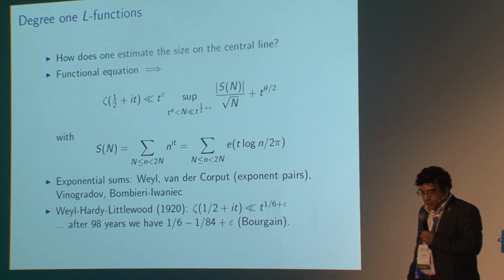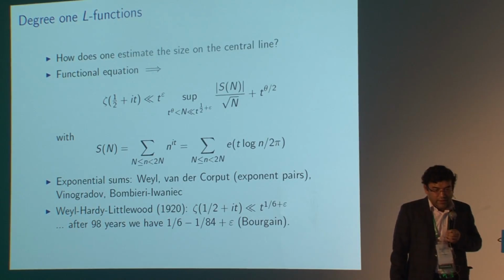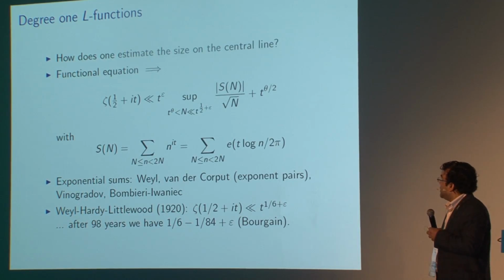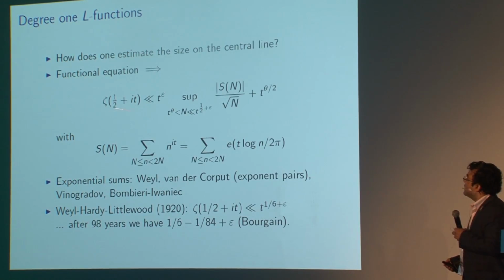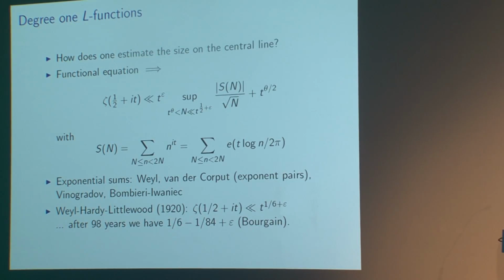So what do we know about subconvex bounds? How does one estimate the size of an L function on the central line? One way is to use the functional equation. From the functional equation, we get what's called the approximate functional equation, and that gives an expression for, say, zeta(1/2 + it).